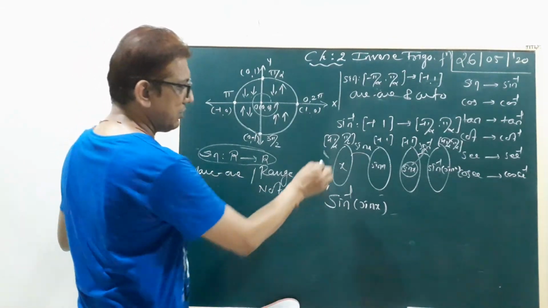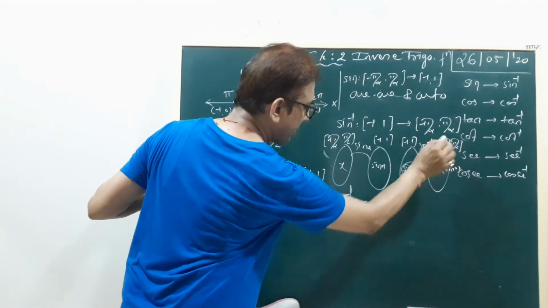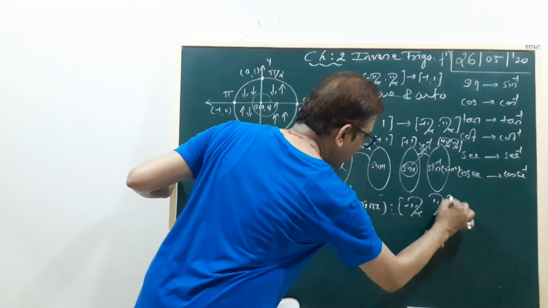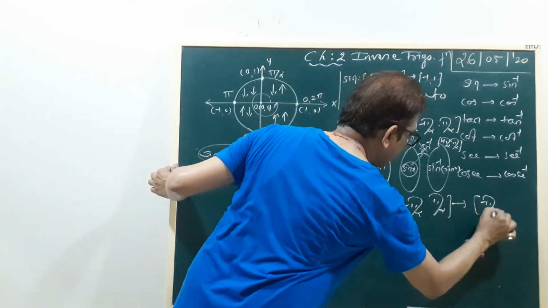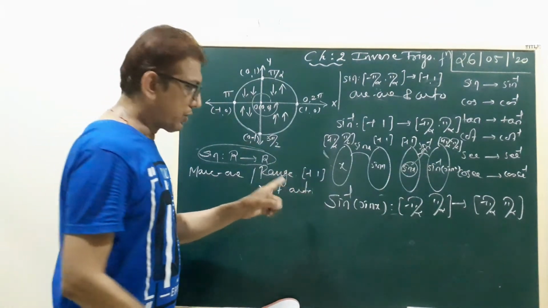Is that clear? We start here at the closed interval minus pi by 2 to pi by 2 and end at minus pi by 2 to pi by 2. So its domain is minus pi by 2 to pi by 2, going to minus pi by 2 to pi by 2. Is that clear? Okay.